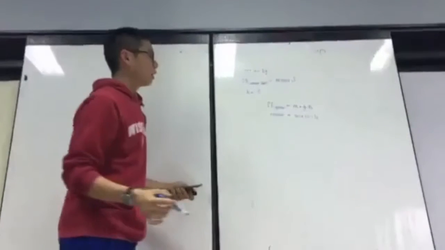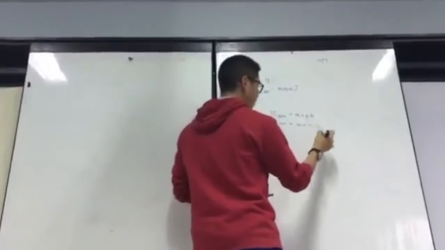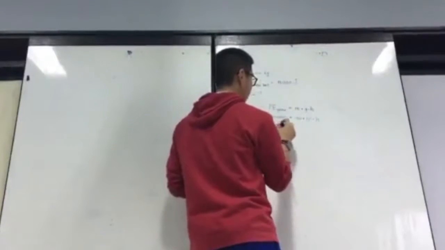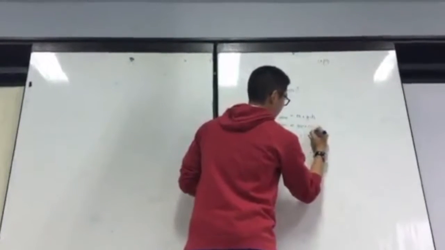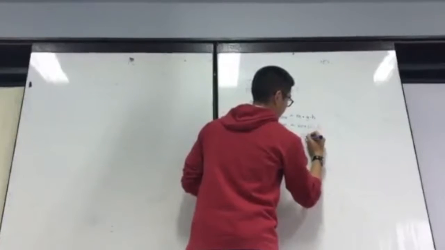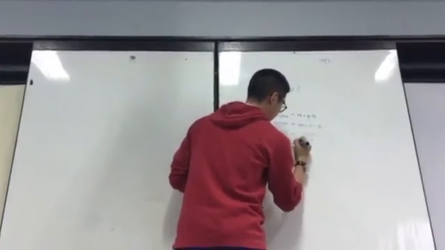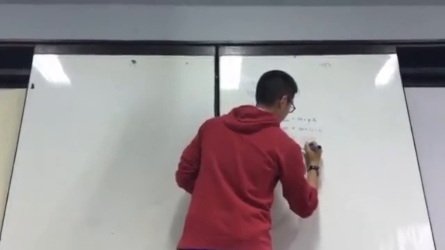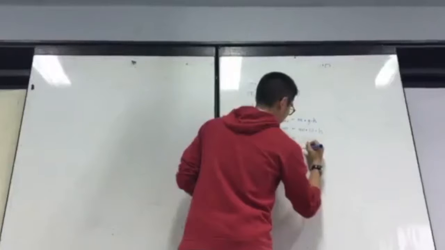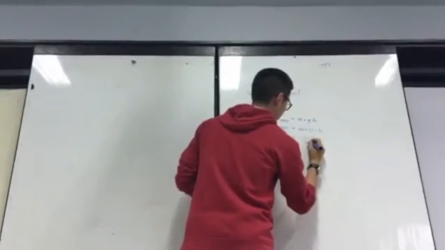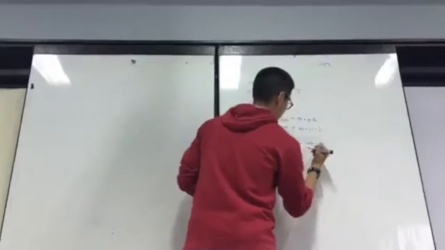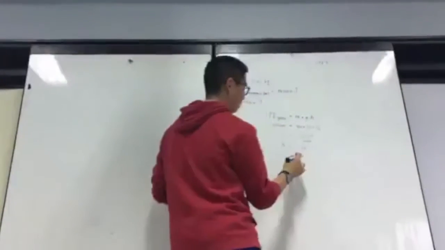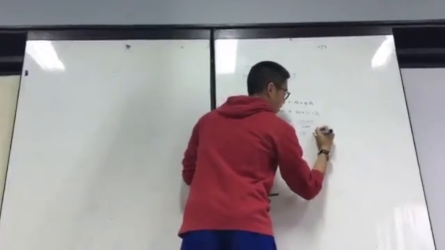So now we're going to do some mathematics. H is going to equal 14,000 divided by 400. And height is going to equal 35. And the unit of height is meter.